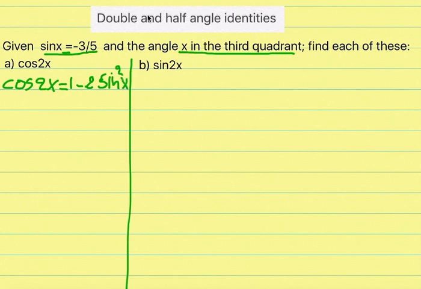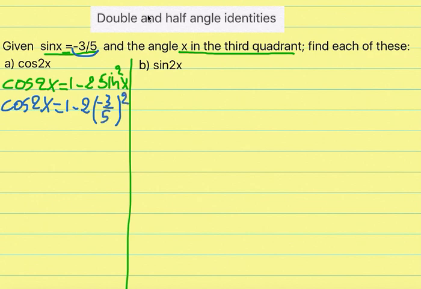Okay. Now we use this identity. Just substitute sine x with the value given, minus 3 over 5. So we get cosine 2x equals 1 minus 2 times, use a bracket, minus 3 over 5 squared.